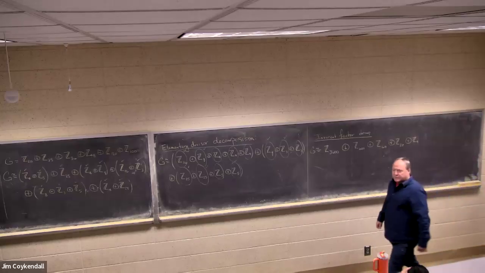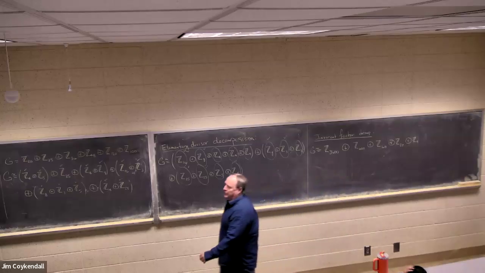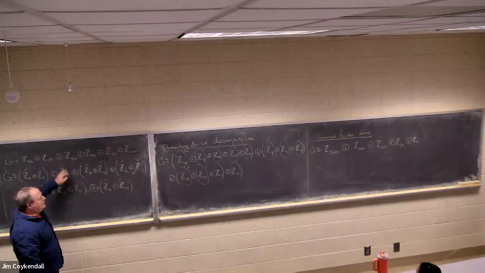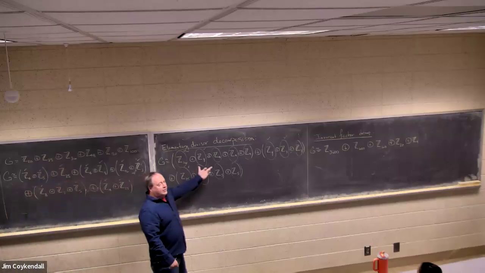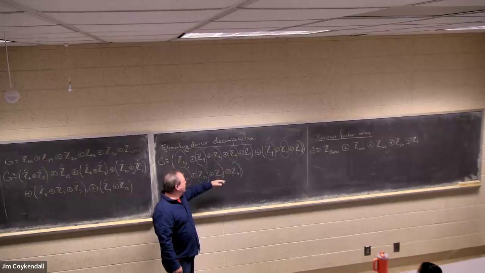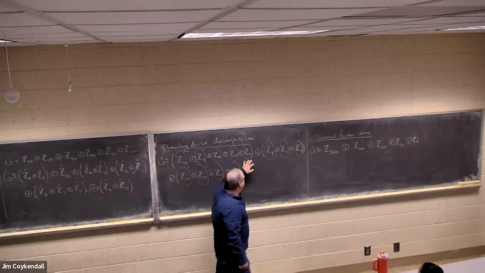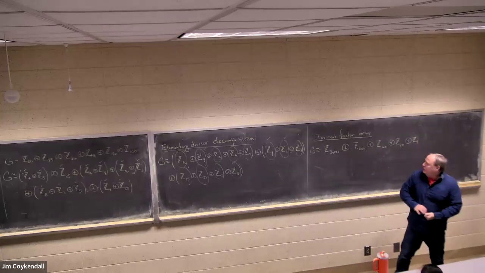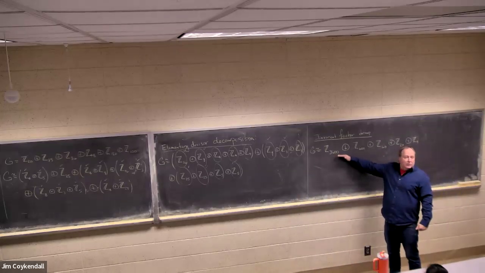Now, let me emphasize, both of these groups are isomorphic to this crazy thing here. It's just different ways to write it. The elementary divisor form is very nice because you've got the prime powers grouped together, so if you're interested in Sylow groups or particular primes, this is the way to go. This one's more compact because, by the way, you can read off, for example, the exponent of the group. Do you remember what that is?